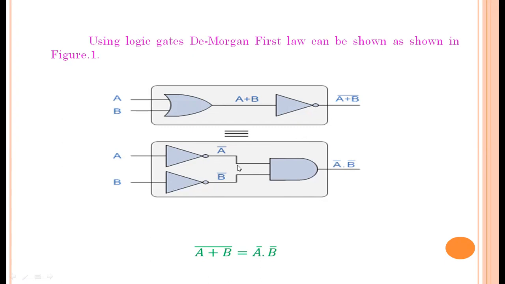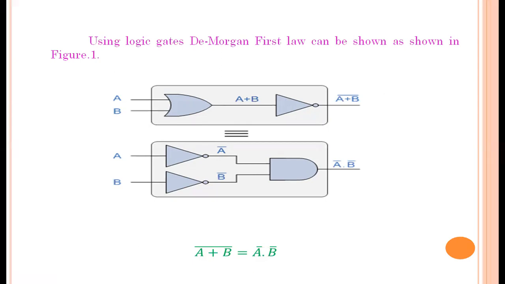So A bar and B bar are now inputs of the AND gate, and the output is A bar into B bar. These two are equal because, according to the De Morgan first theorem, (A plus B) bar is equal to A bar into B bar, so those are exactly equal. This is the logical diagram of the De Morgan first theorem. Finally we may say that (A plus B) bar is equal to A bar into B bar.